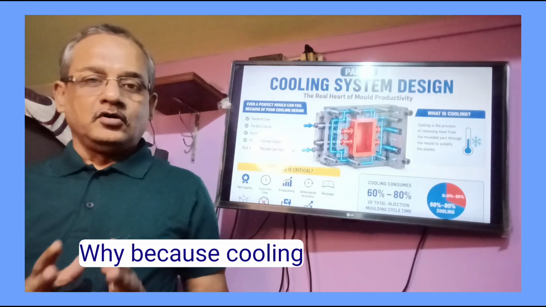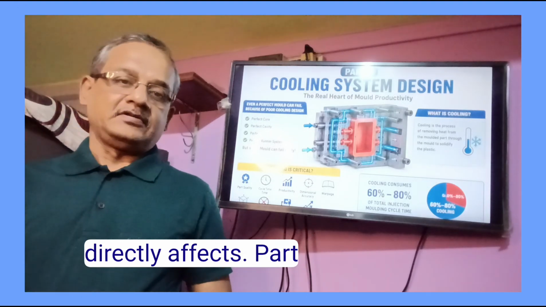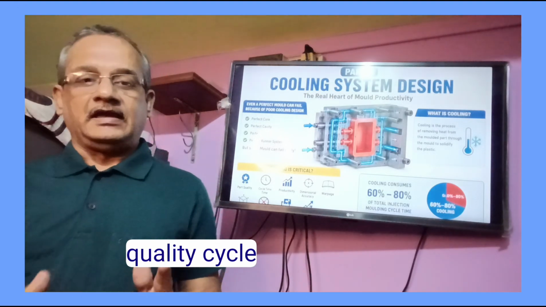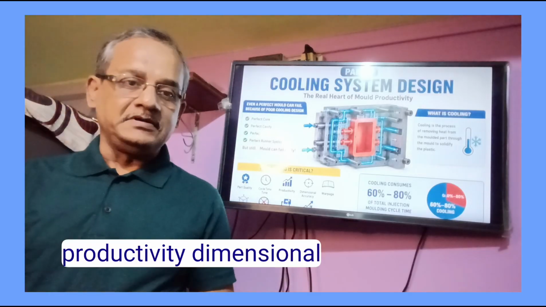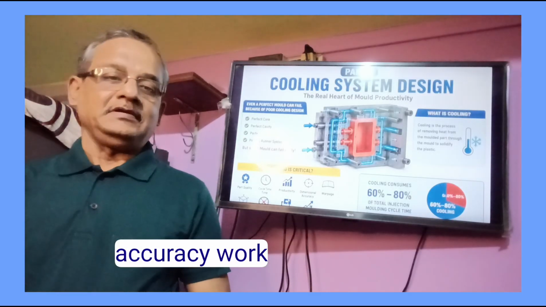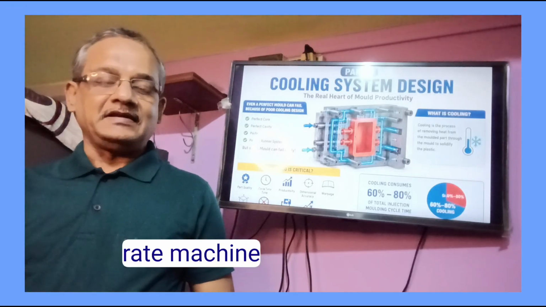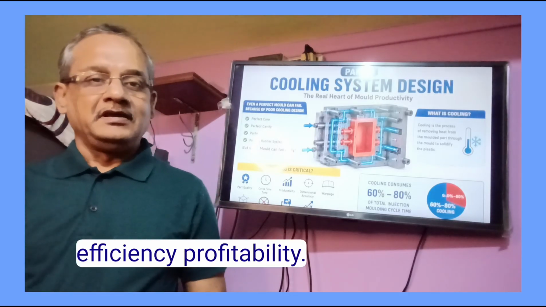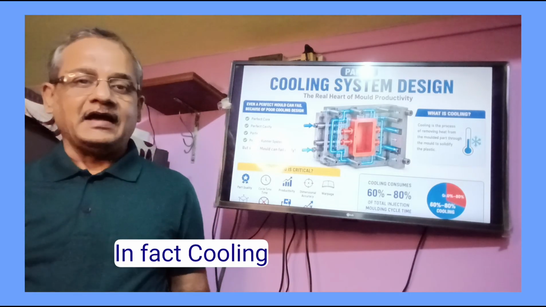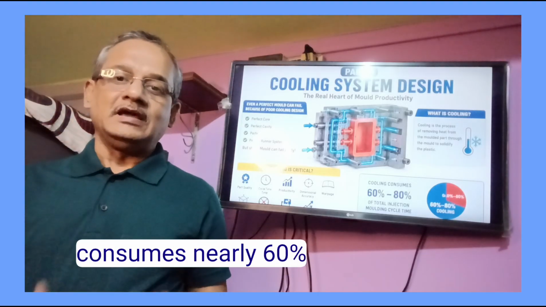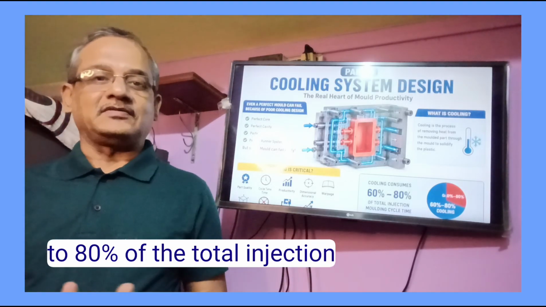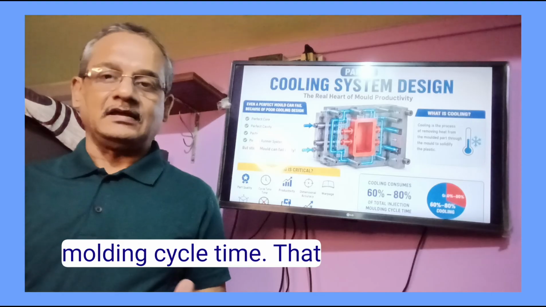Why? Because cooling directly affects part quality, cycle time, productivity, dimensional accuracy, warpage, shrinkage, rejection rate, machine efficiency, and profitability. In fact, cooling consumes nearly 60% to 80% of the total injection molding cycle time.